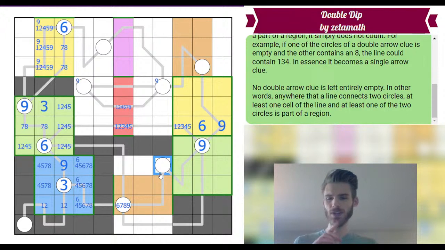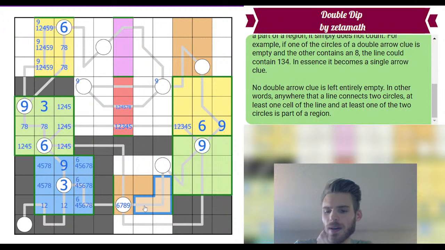Okay, a little bit stuck. Is it this? Don't really see a problem with that happening.